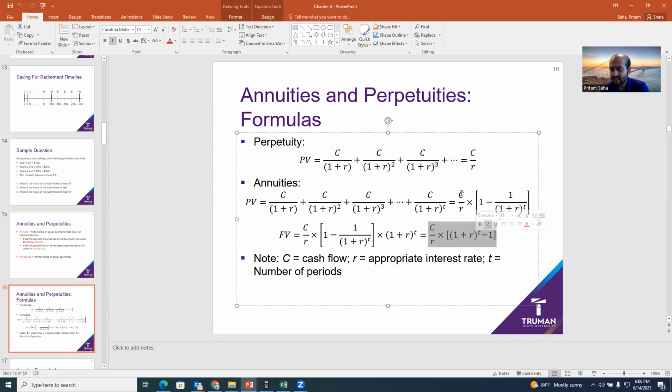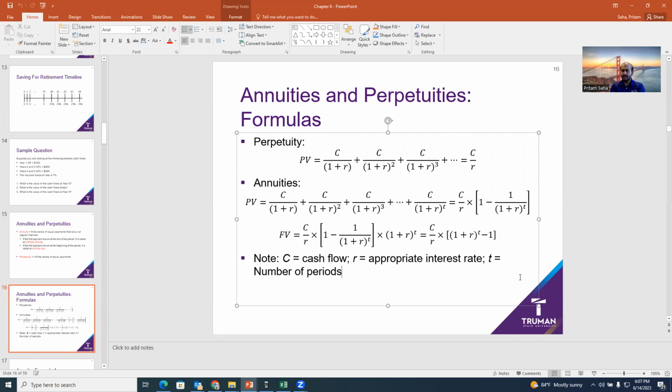So for annuity, the present value formula is this, and the future value formula is this. Here, C means cash flow. Cash flow means annuity, and annuity means payment. R means the periodic rate of return, or interest, and T is the number of periods. Okay. Now I'm giving you some heads up. In finance, when you say only annuity, it's assumed to be an ordinary annuity, because the standard practice is that you pay or receive at the end of the specific period.